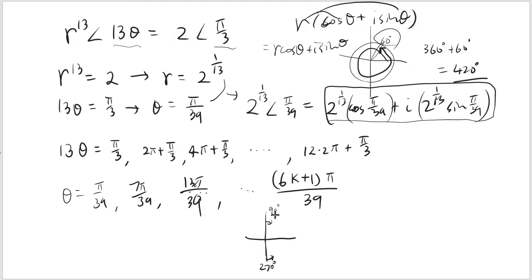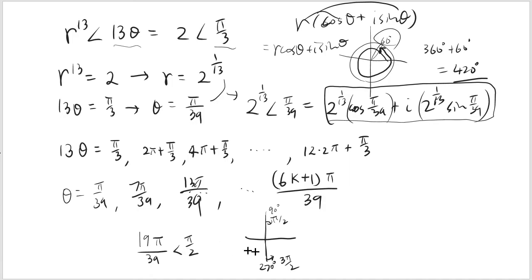I think that's the key: something slightly before pi over 2 and something slightly after 3 pi over 2. So what's right before? Half of 39 is, let's see, 19 times 2 is 38. So 19 pi over 39 will be just before pi over 2.